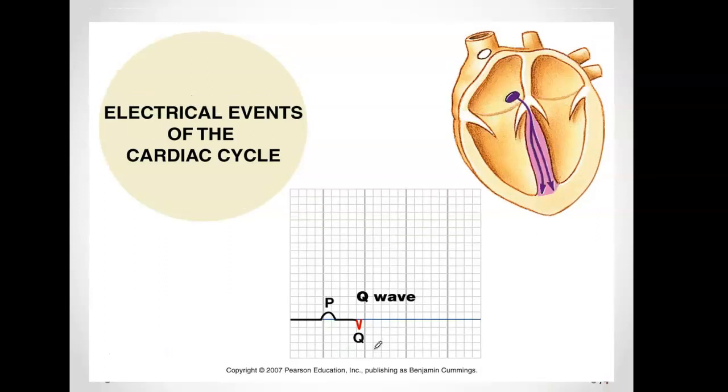So we continue on. Now this is coming down, the action potential is coming down the bundle branches, the bundle of His and the bundle branches. So that would signify the beginning of that sort of Q wave. It's a Q wave that's going to be part of the QRS complex. So let's see as it develops.